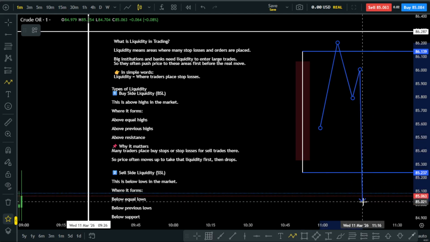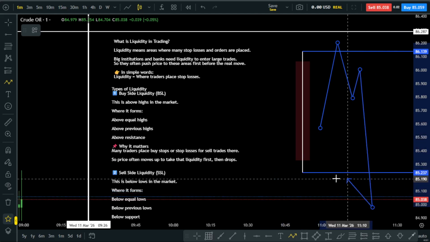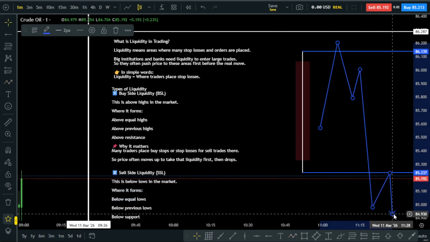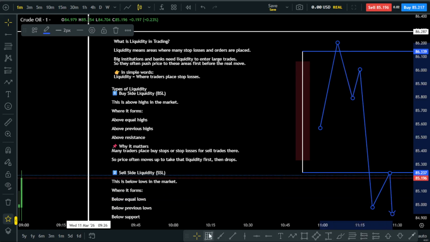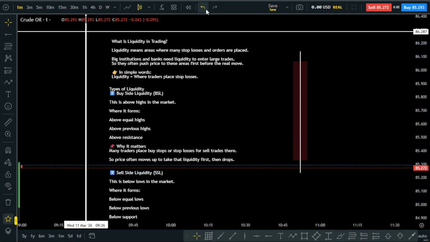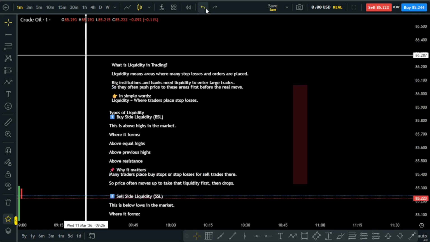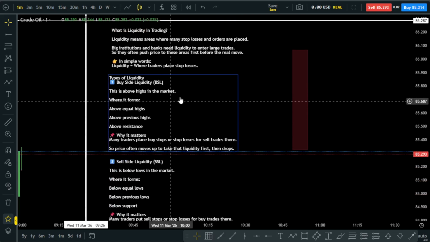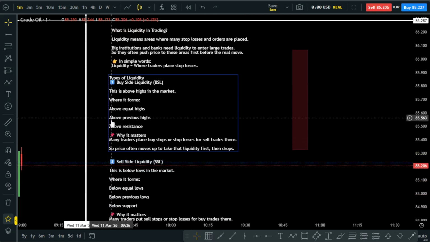What it will do is take the low, retest the same low it has taken, and then continue to drop. So this is also a type of liquidity which you need to be aware of.